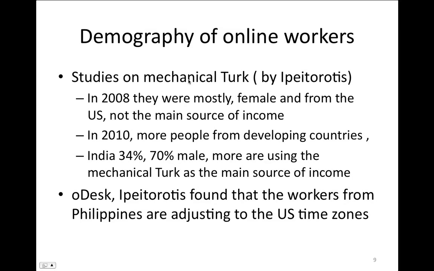It was found in 2008, by Ipeirotis, that the online workers on Mechanical Turk were mostly female and mostly from the US, and it was not their main source of income because the money paid for the tasks is not that much. The reason was that back then they were only giving money away into accounts in the US and India. I'm not sure if they were transferring money in India back then, but maybe they started in 2008.